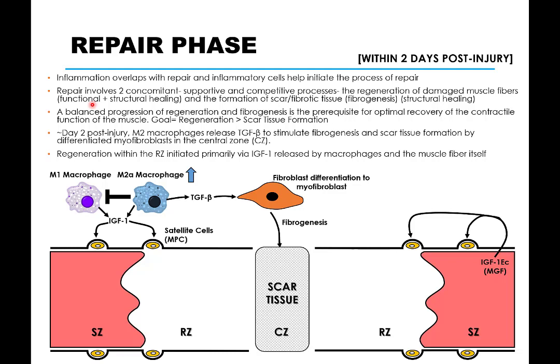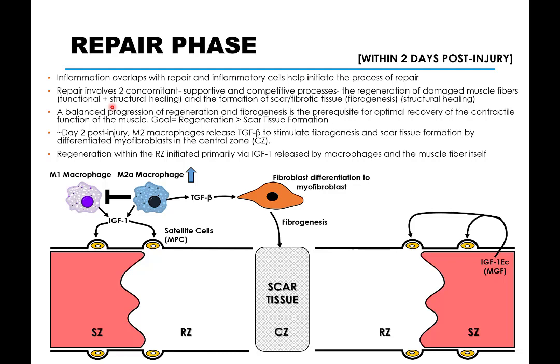These include elements such as the myofilament proteins, the sarcomere structure, and so forth. Regeneration is also structural healing because it improves the structural integrity of the damaged fiber. Structural healing through regeneration is achieved by resynthesizing all the structural proteins and reconstructing all the structures, like within the sarcomeres, for example, that are required for the muscle fiber to have structural integrity.